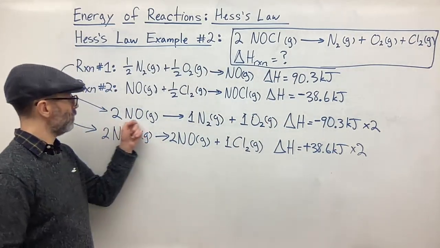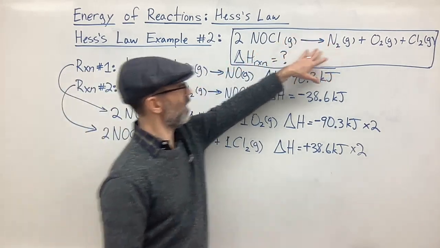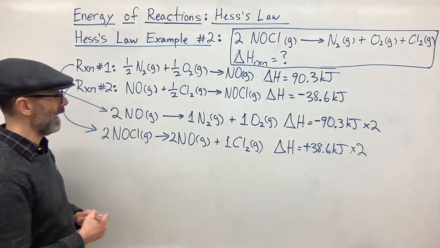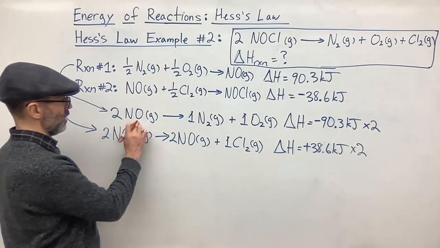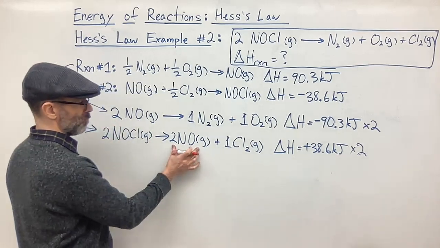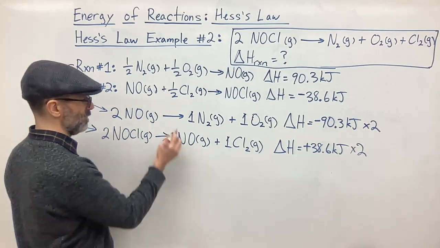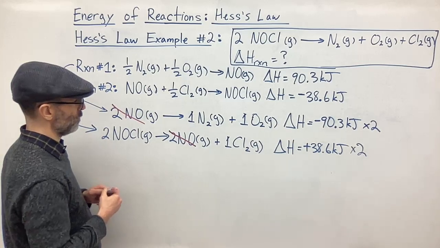So notice that we have NO here, 2NO. We don't have any NO in our target equation, so we're hoping that this cancels out, and it does. So you'll notice that I have 2NO here, and I have 2NO as a product here. So here's its reactant, here's a product. When I add these together, they're going to cancel out. So that's going to cancel out.